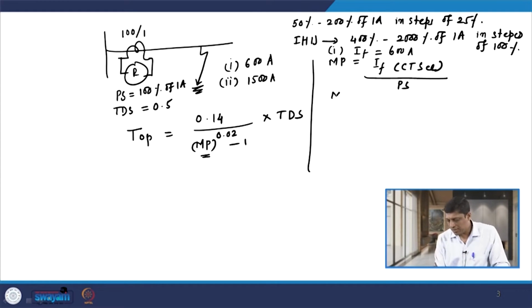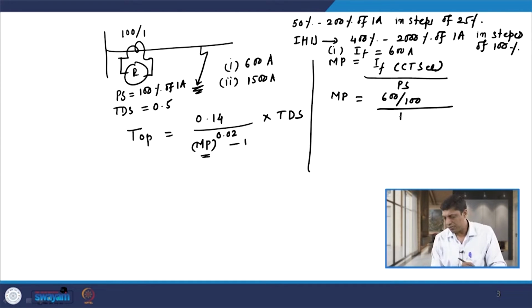So, the fault current is 600 ampere, and when referred to the CT secondary side it is 600 by the CT ratio, that is 100, divided by the plug setting of the relay. The plug setting of the relay is given as 100% of 1 ampere, so that is 1 ampere. So, the multiple of pickup current comes out to be 6.